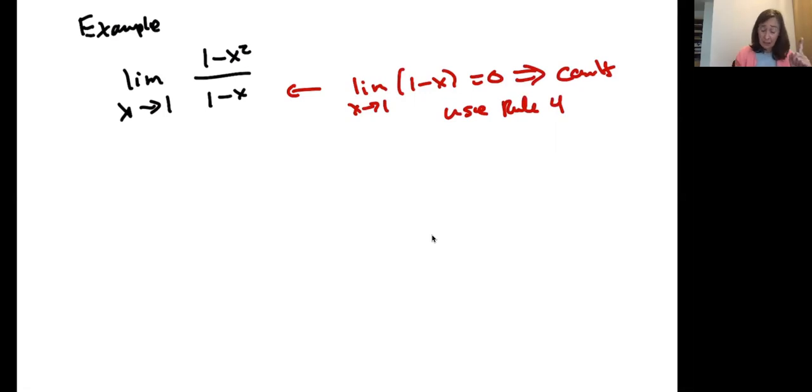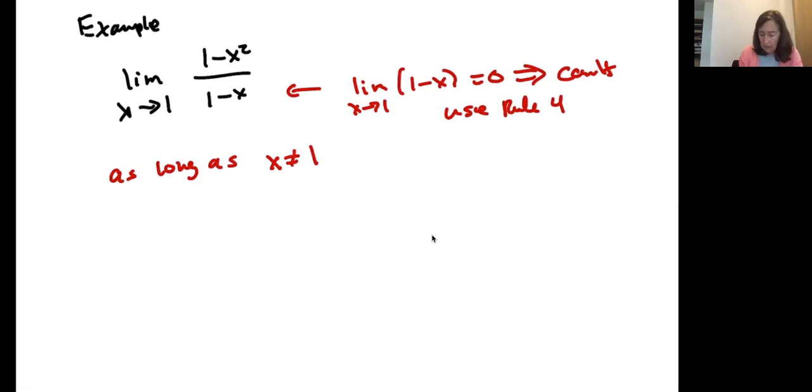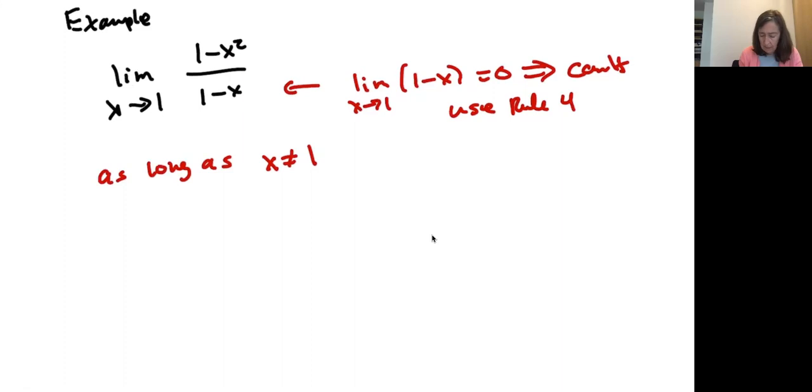But there's this great trick here. The trick is, as long as x does not equal 1, it can get as close as you want. It can get so close, even closer than that. But as long as it's not exactly equal to 1, look what we can do. Then I'm going to factor the numerator there.